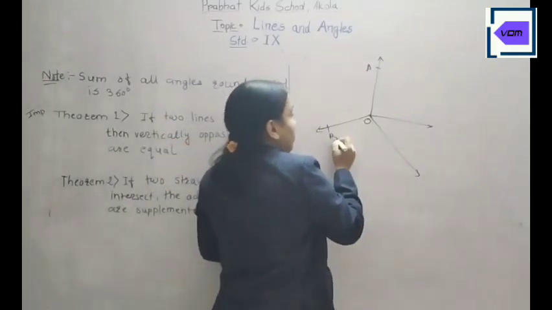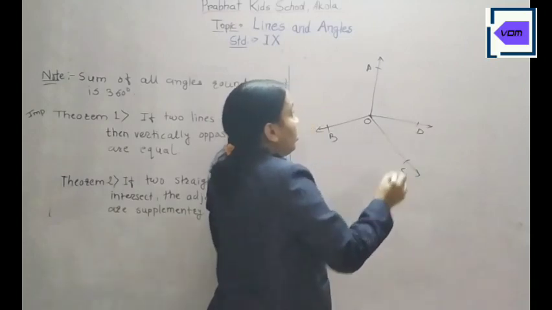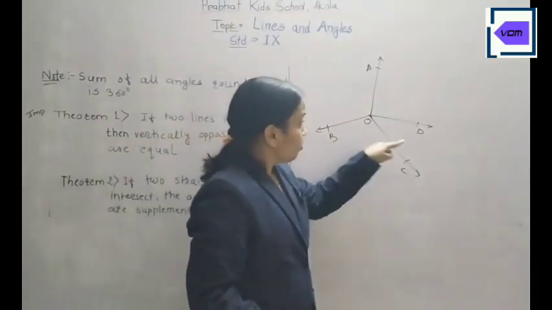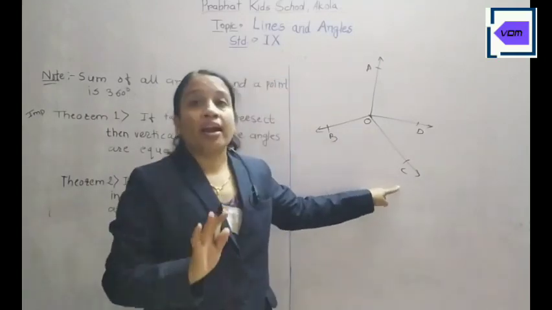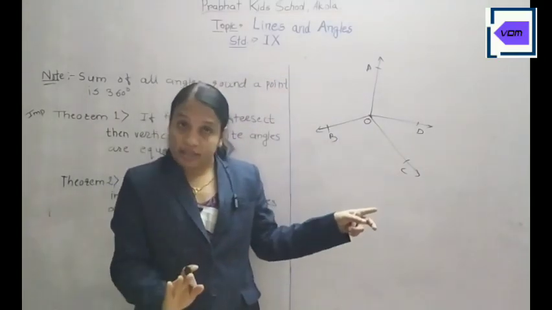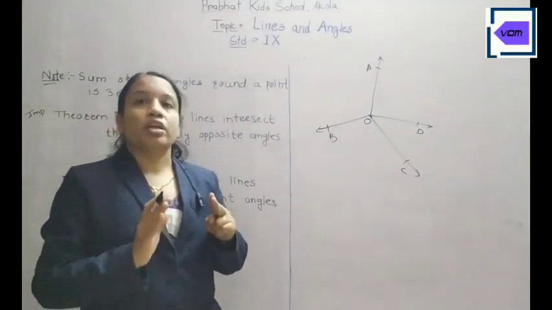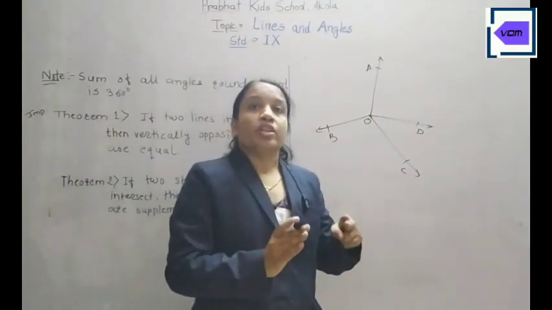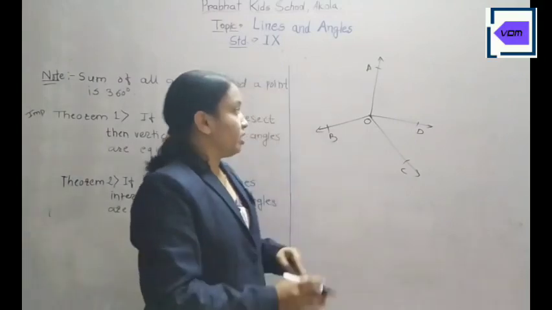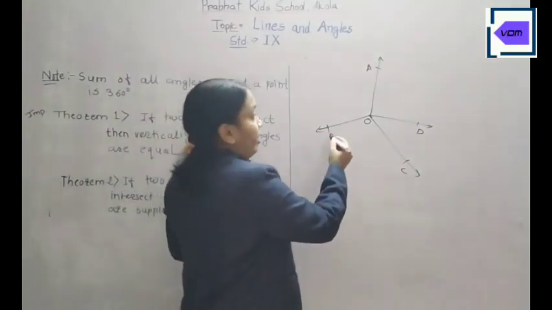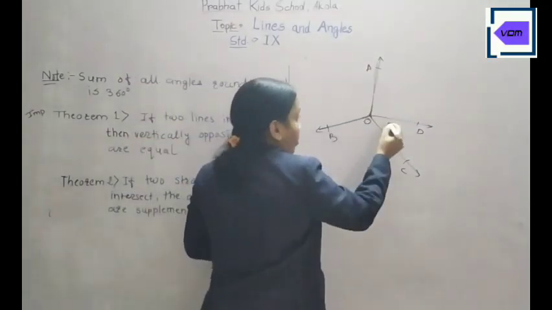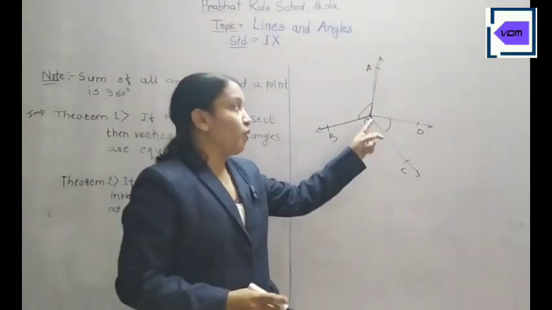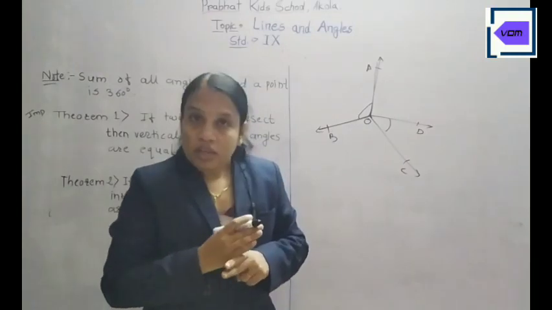Now again, one point to keep in mind: with A, B, C, D, angle AOB and angle DOC are not vertically opposite angles. Keep in mind, vertically opposite angles are those formed when two lines intersect. These two angles I was talking about are not formed by straight lines. They are formed by the joining of rays.